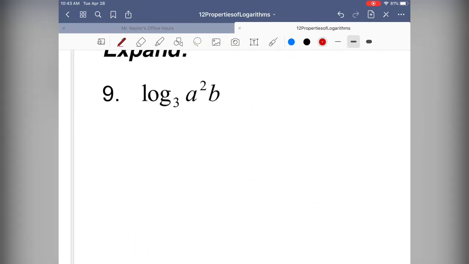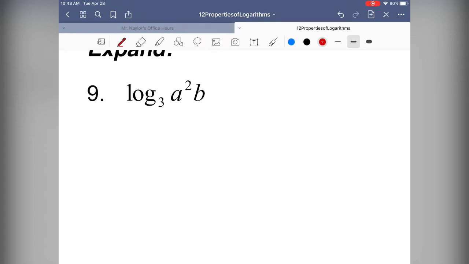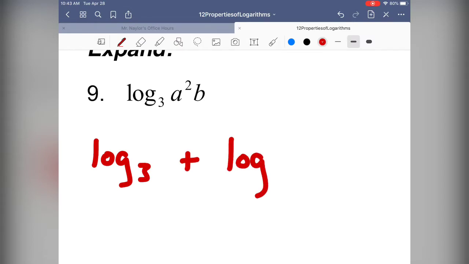So what you want to recognize is that the amount of terms that you have, in this case an x squared and a b, is going to dictate the amount of logs that you have. And I like to encourage kids to just recognize that this problem, because it's multiplication, is going to become addition. So there's going to be the addition of 2 logs here. The only question is, what are we going to do the log of? Well, we're going to do the log of b, and we're going to do the log of a squared.